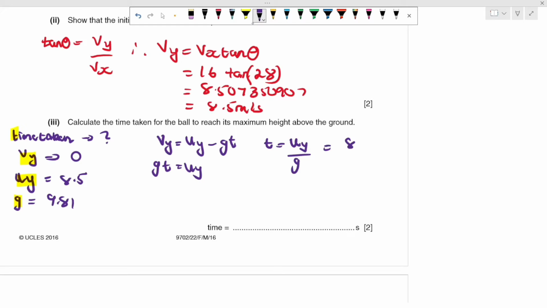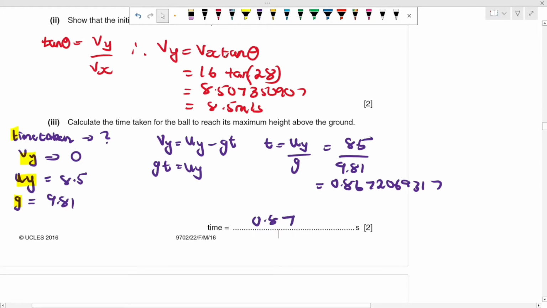Initial velocity in the y is 8.5. Your value of g is 9.81. So this will essentially give you 0.8672069317. So to two decimal places, this will be 0.87.